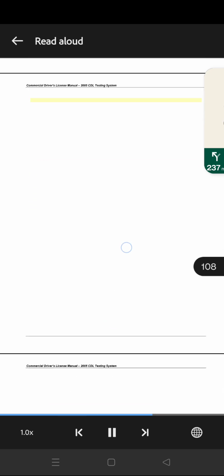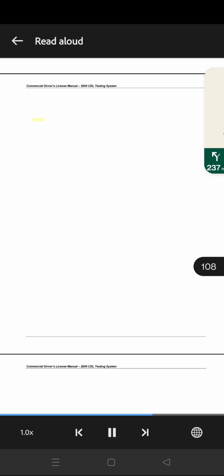49 CFR 172.101 Hazardous Materials Table. Symbols. Hazardous materials descriptions and proper shipping names. Hazard class or division. Identification numbers. PG. Label codes. Special provisions. 172.102. Packaging 173. Exceptions. Non-bulk. Bulk.